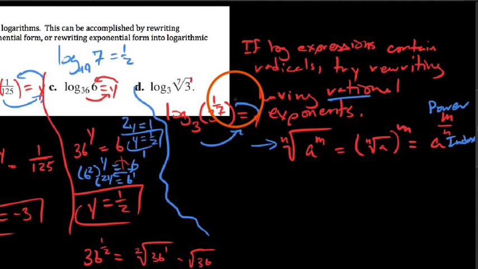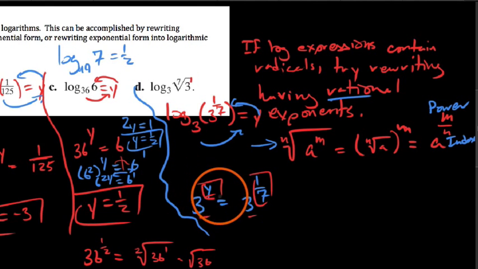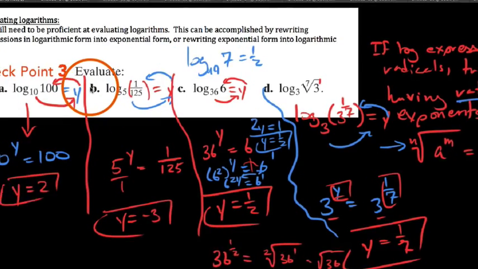We say 3 to the power of this y turned into 3 to the 1/7. And because 3 to the power of y equals 3 to the power of 1/7, the y and the 1/7 are the same thing, by the one-to-one property. So since those are the same, we could just figure that out. Rewriting these things is a pretty powerful thing to do here.